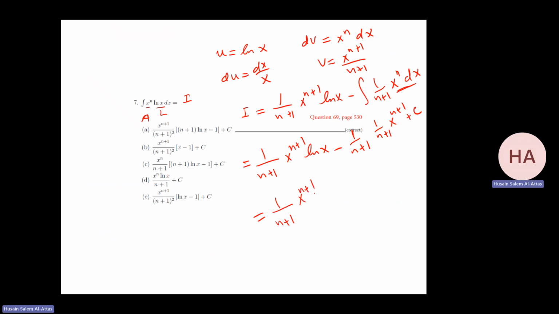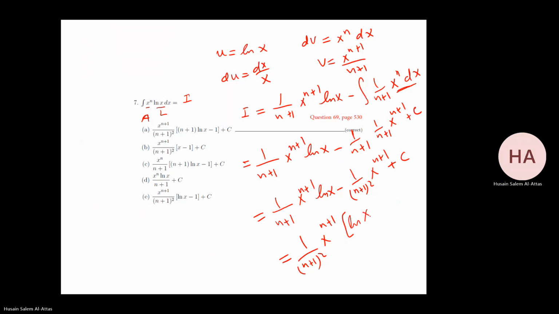Let me rewrite it first: 1 over n plus 1 squared x to the power n plus 1 plus c. So I can take 1 over n plus 1 squared as a common factor, and x to the power n plus 1 as a common factor also. What will you get?